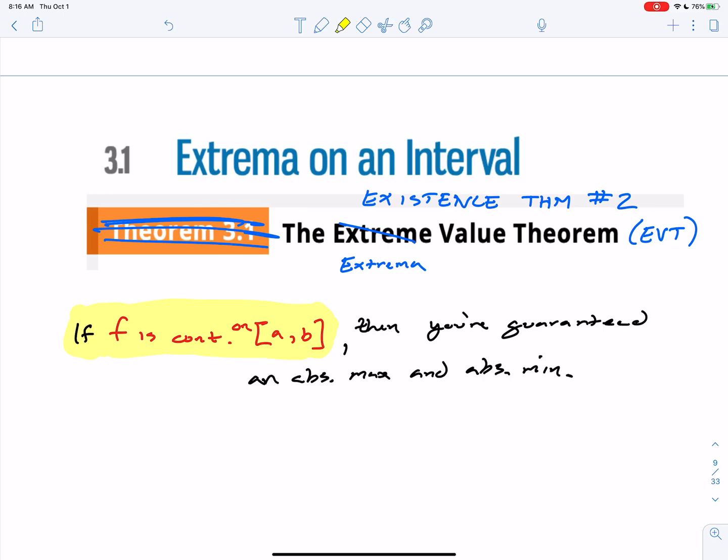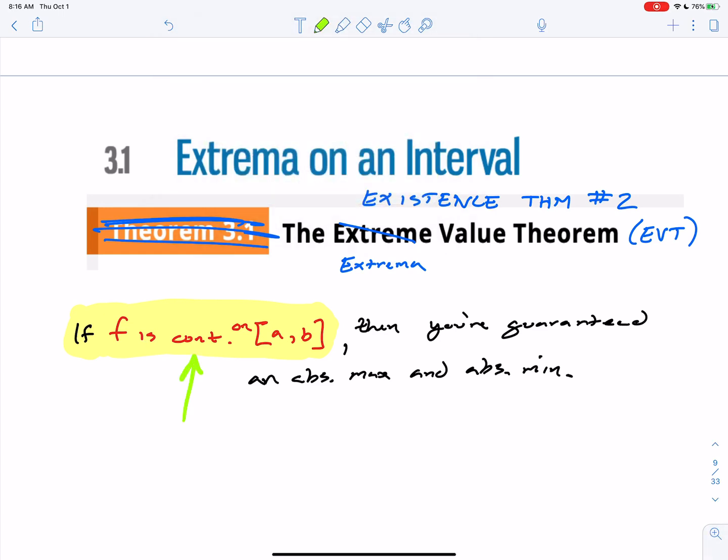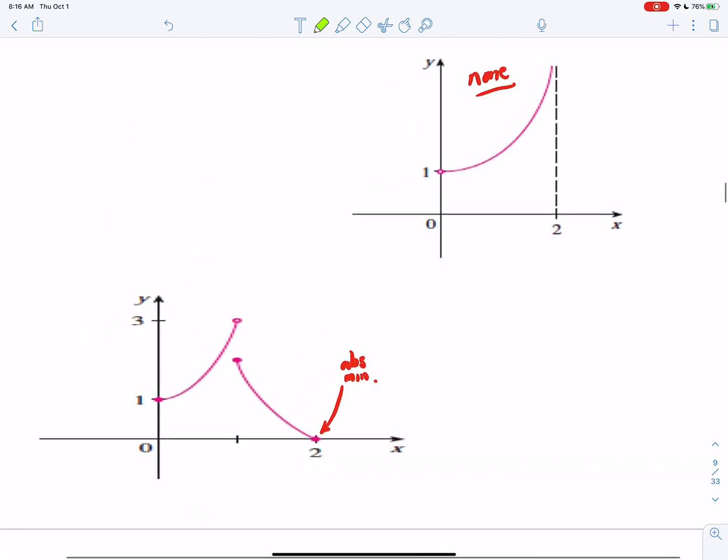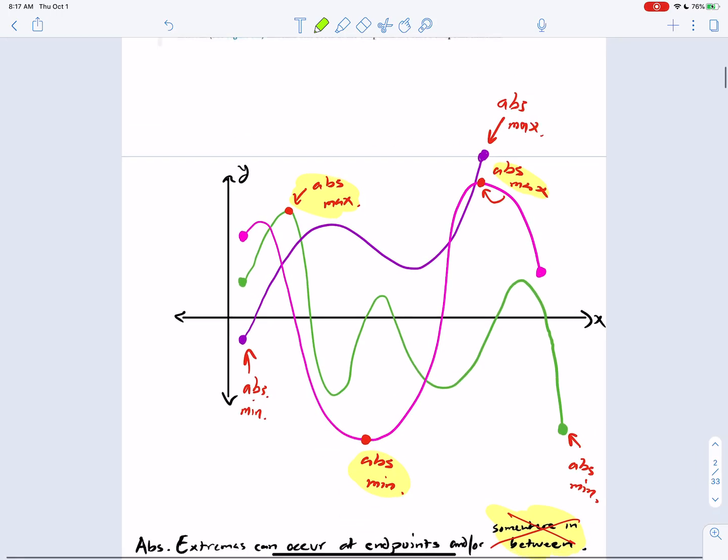So let's take a look. What is continuous? So let's refresh, right? Informally, continuous means that you don't have to lift up your pencil, right? Okay? So look, take a look at the first few examples that I had, okay?